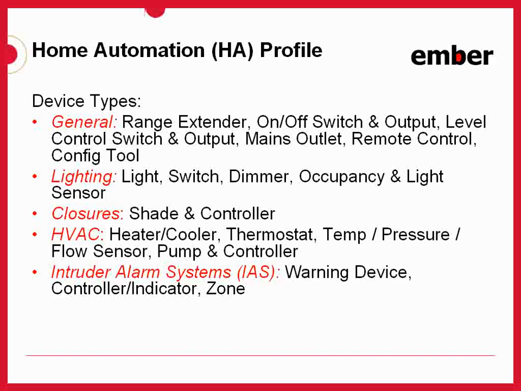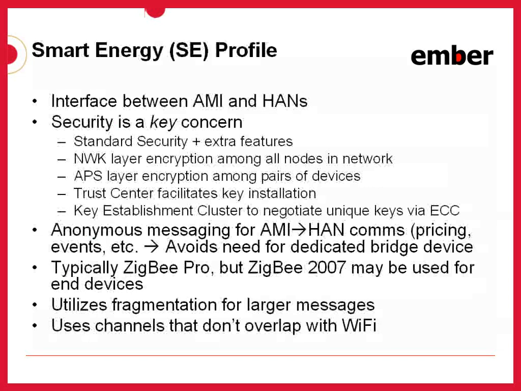In the lighting areas, we have lights, we have switches, dimmers, occupancy sensors, light sensors, and then there are shades and shade controllers. There are heating and cooling devices, as well as thermostats, temperature and pressure and flow sensors, a pump controller, and a pump itself. And then in the IAS area, we have warning devices, we have controllers and indicators, and we have zone devices.